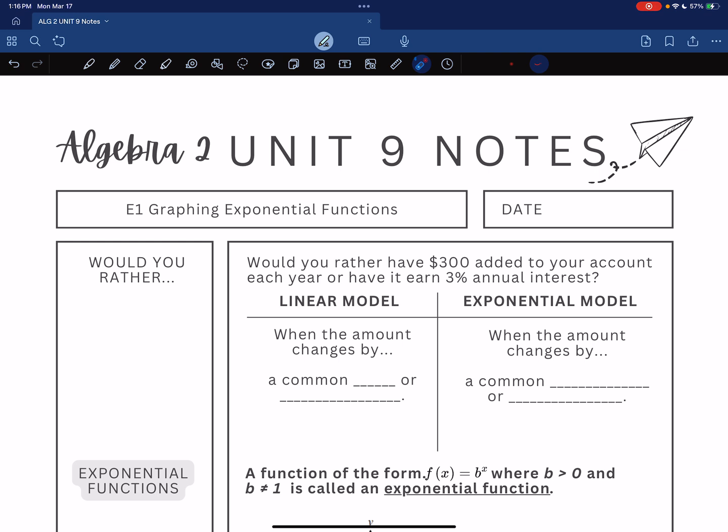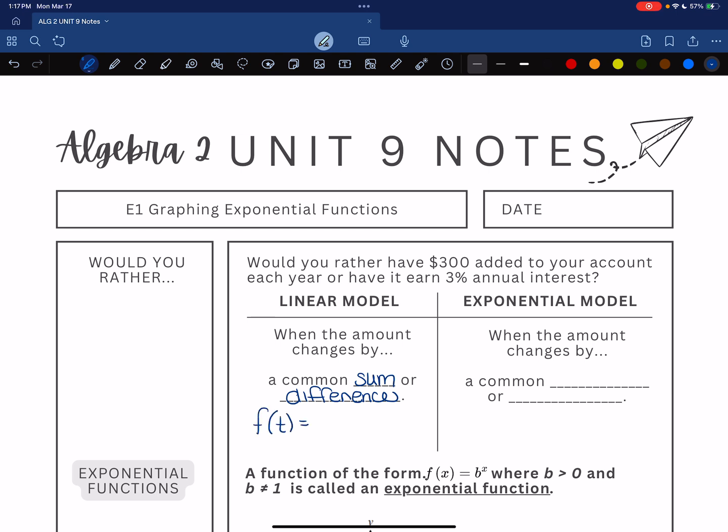When a quantity changes by the same amount during a period of time, it's modeled by a linear function. That same amount is changing by a common sum, or it might be decreasing and therefore changing by a common difference. And so for this scenario, what would model that is to have a function, we'll call it just f, and it depends on time.